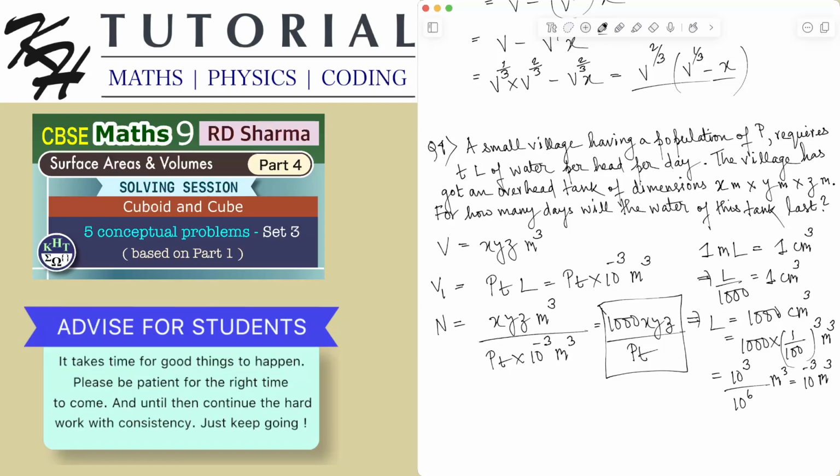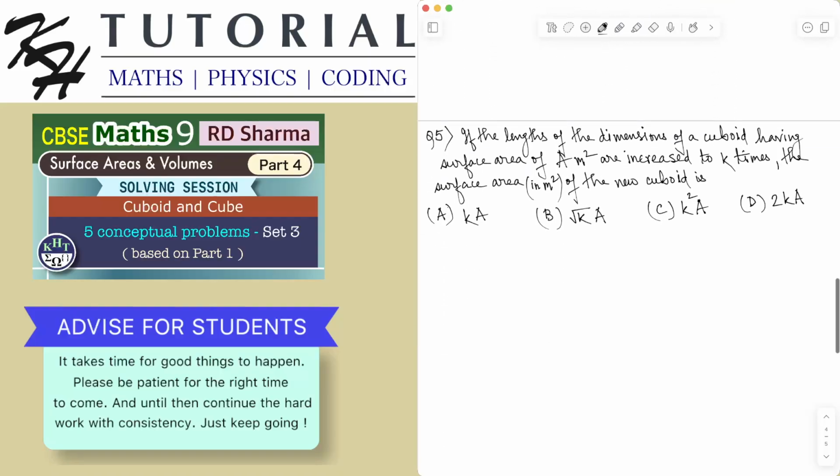Okay, let's see the last problem. If the lengths of the dimensions of a cuboid having surface area of A meter square are increased to k times, the surface area in meter square of the new cuboid is. Let's say we have the initial dimensions of the cuboid to be L, B, H, that is, L is length, B is breadth, and H is height.